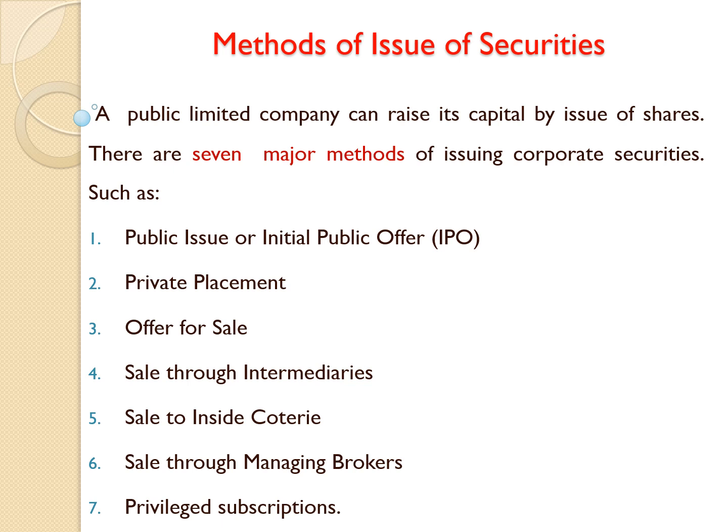Another method is offer for sale. Then sale through intermediaries. Method number 5, sale of inside securities. Sale through managing brokers. Privileged subscription. These are the seven methods of issue of securities.